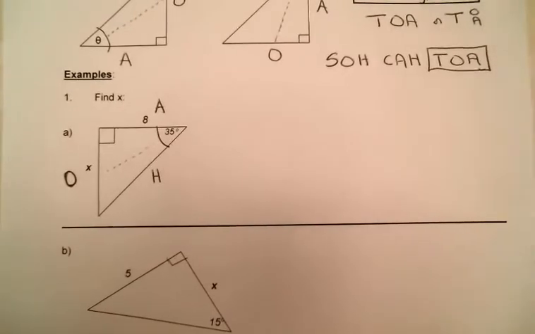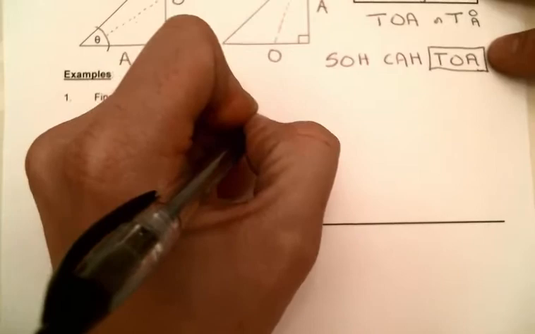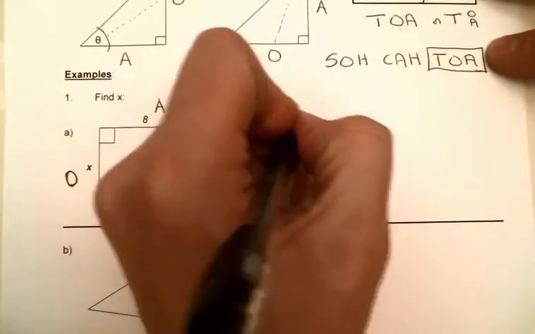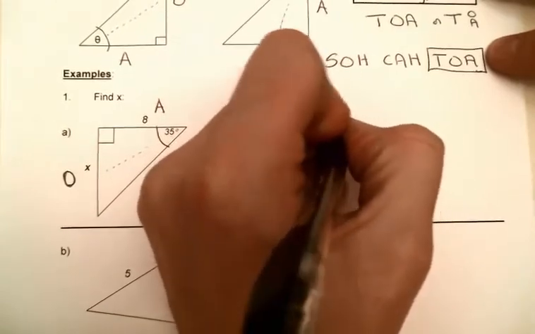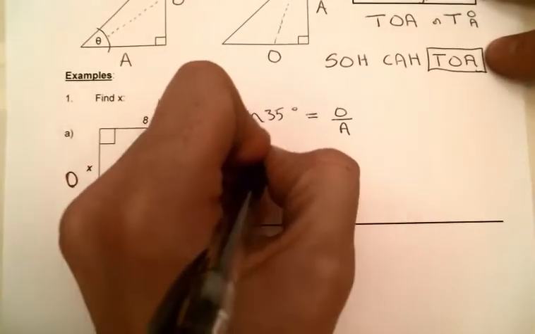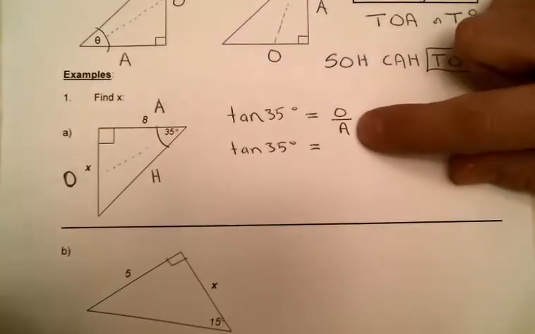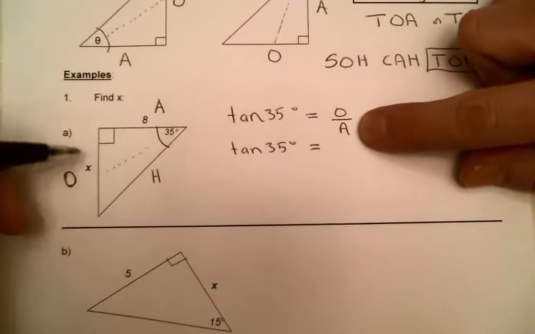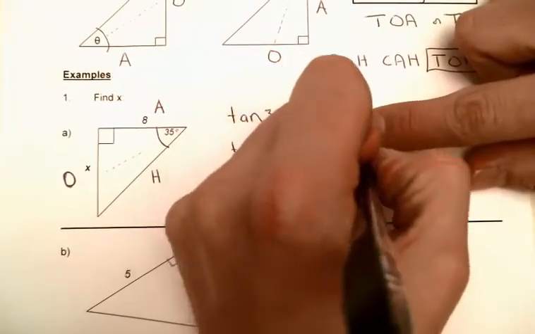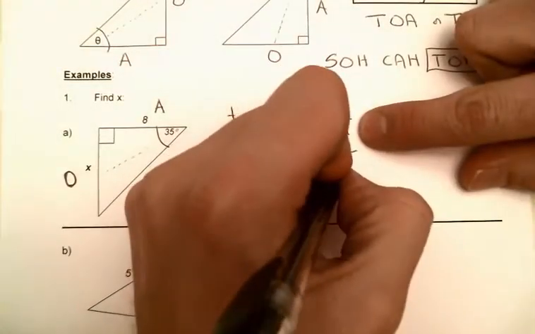So if we write it out, we get the tan of 35 degrees is opposite over adjacent. We first put in our opposite and adjacent values. The opposite in this question is the unknown, x, and adjacent has a value of 8.